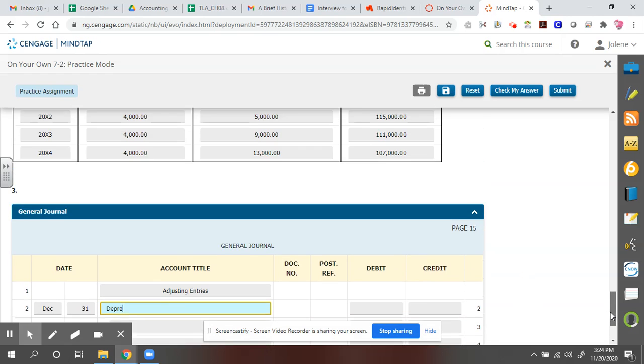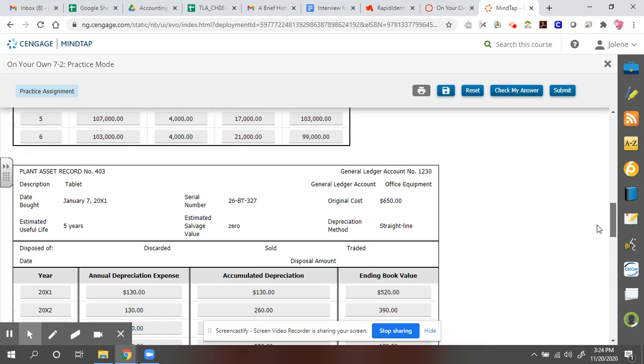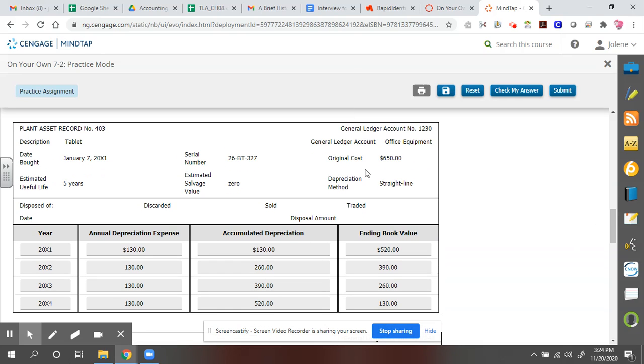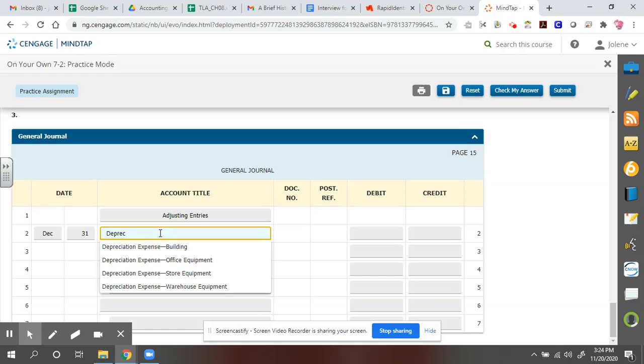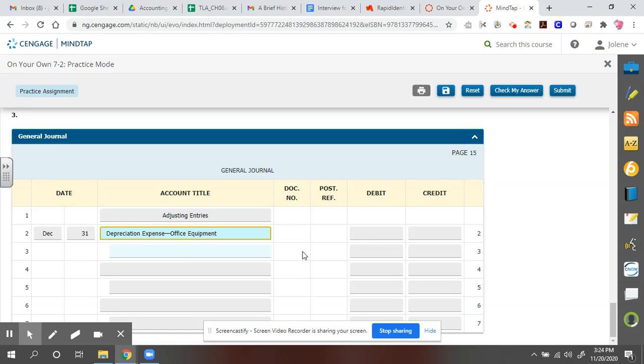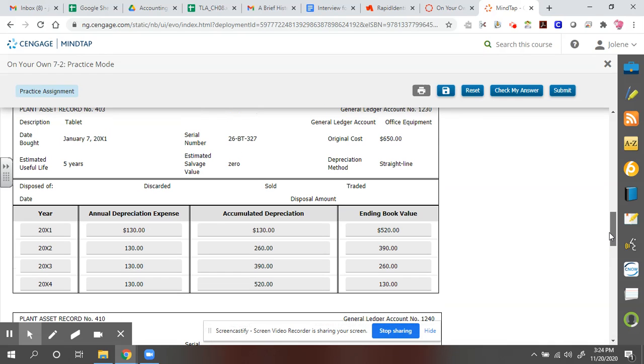So what we have to do is go up here. The first thing was a tablet, remember? The tablet, and it says right here, office equipment. So when we go down here to depreciation, office equipment. And how much did we write off for that tablet for the first year?